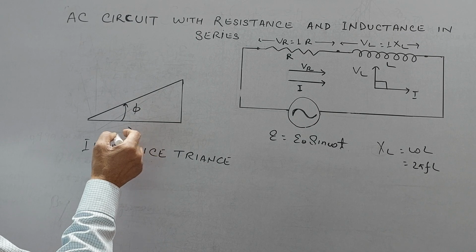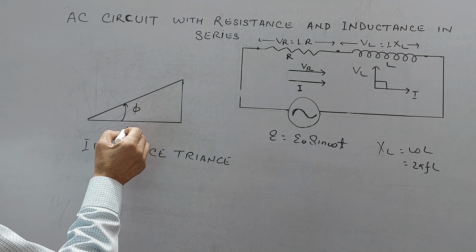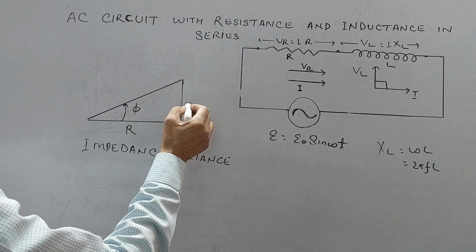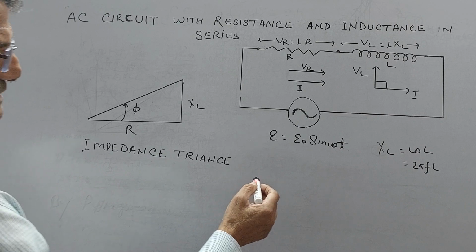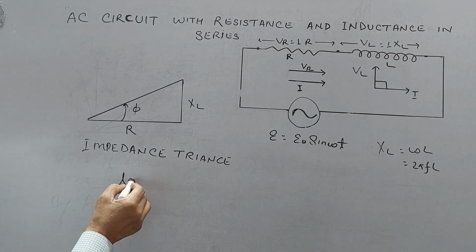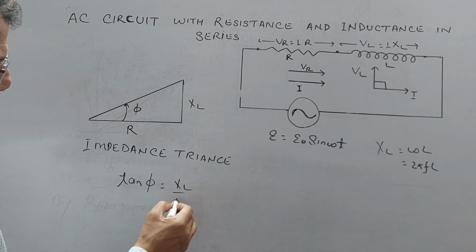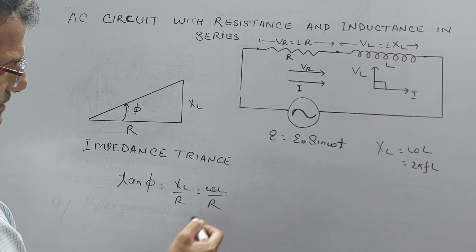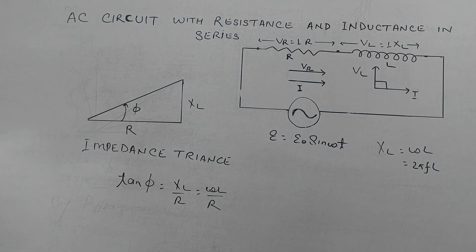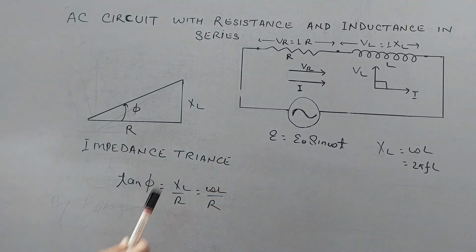Phi, and this is the resistance R and the reactance across the inductor XL. So from here tan phi is equal to XL divided by R, where XL has the value omega L. So this is known as the impedance triangle. This is the impedance triangle of the LR circuit.